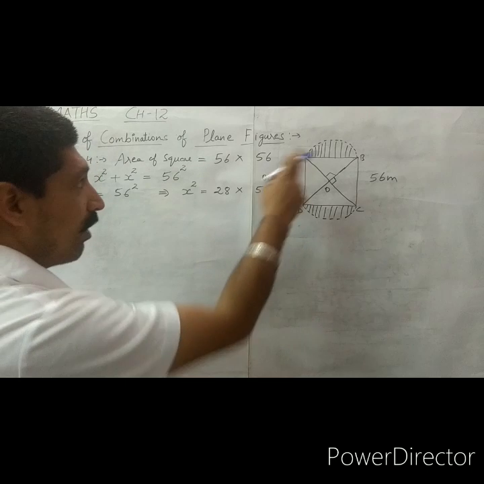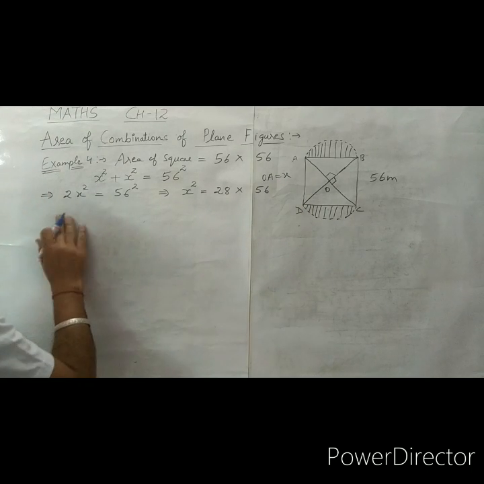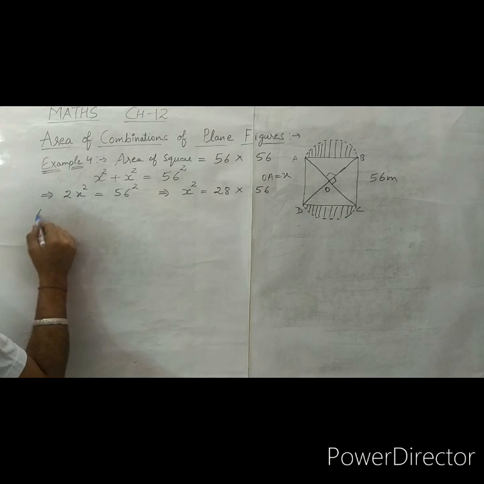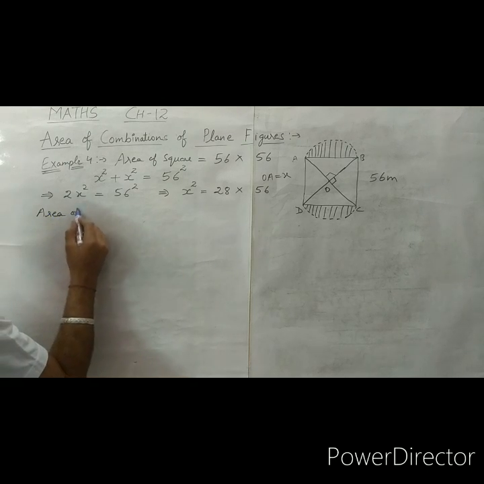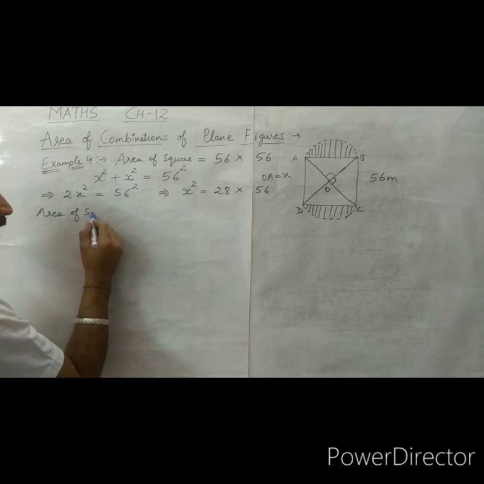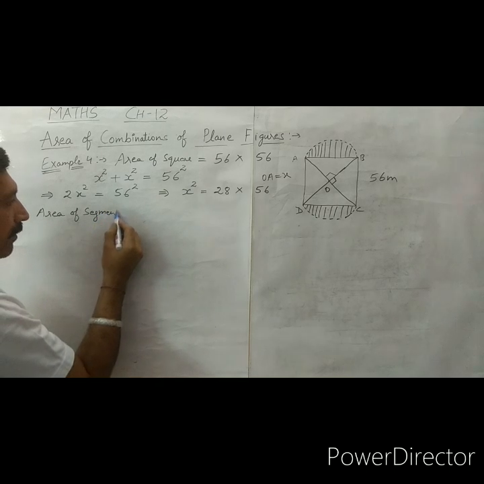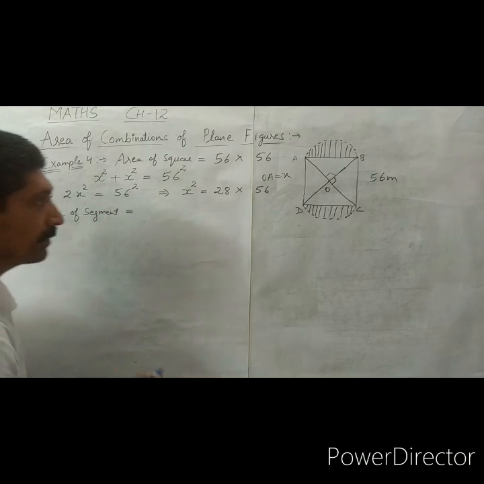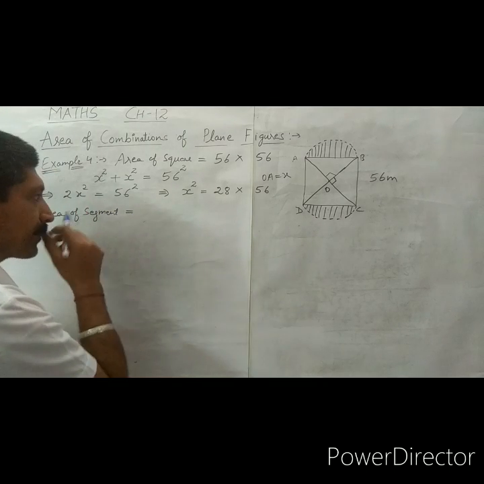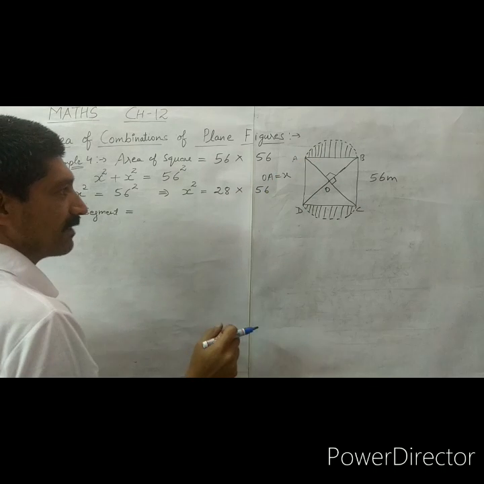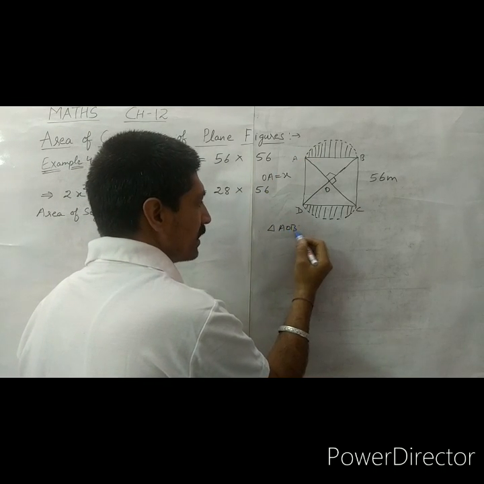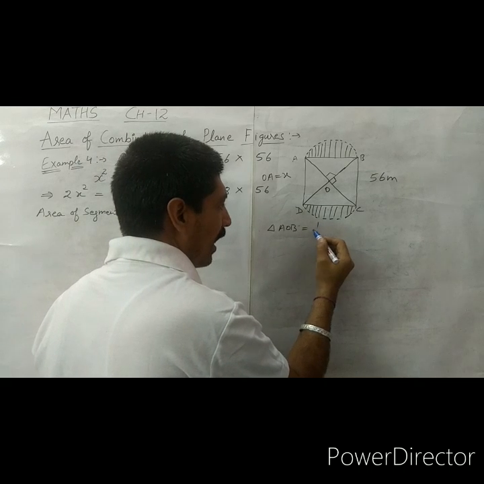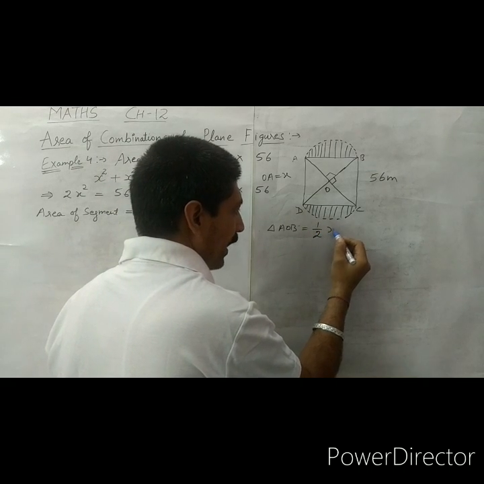So the area of the segment, or flower bed, is equal to area of a sector minus area of a triangle. So area of triangle AOB is equal to half into x square.